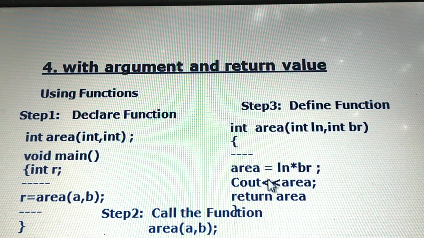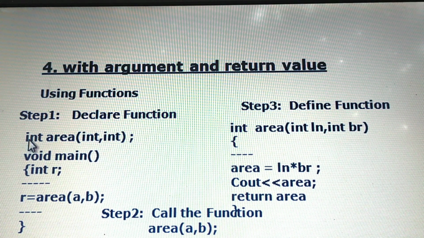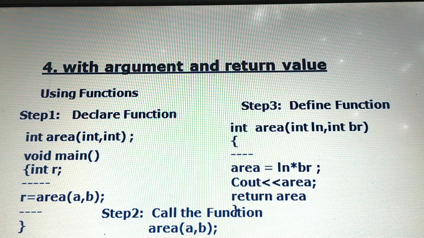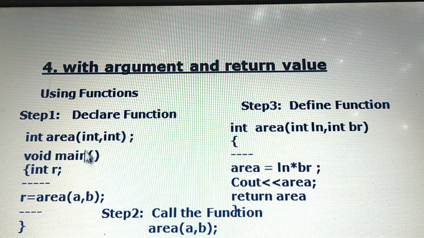In this program our return value is integer, so we have written int. Then the name of the function, area. The function is called with 2 arguments, so write a 2-parameter list, int, int. The first is the data type of the first argument, the second is the data type of the second argument. The parameter list is separated by a comma and terminated by a semicolon.